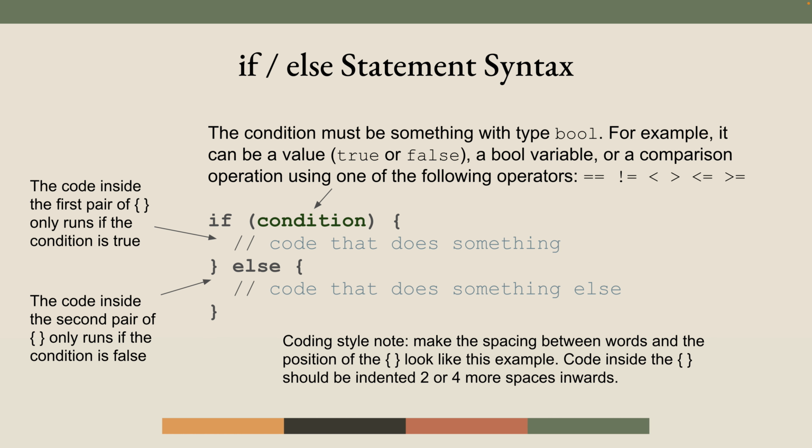Otherwise, we put the keyword else. Note that there's no condition after else, right? Because we're assuming the first condition was false, so now we just capture every other case in the else statement. And any code in the second set of brackets will run for that false case. Any questions? Okay.